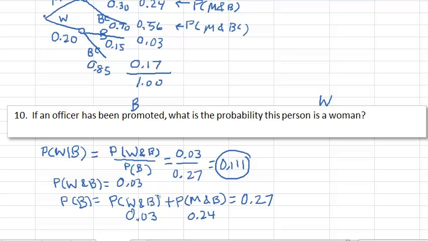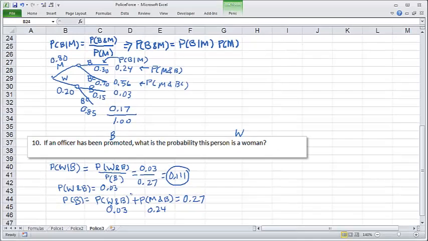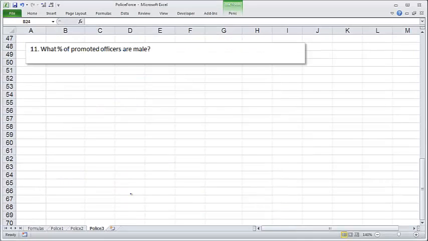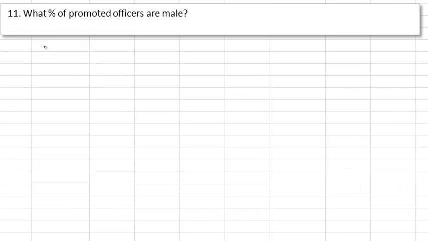Now let's go to question 11. What percentage of the promoted officers are male? So let's see. Here, again, what kind of probability is this? What percentage of promoted officers are male?